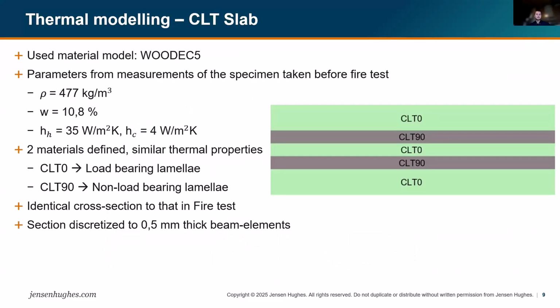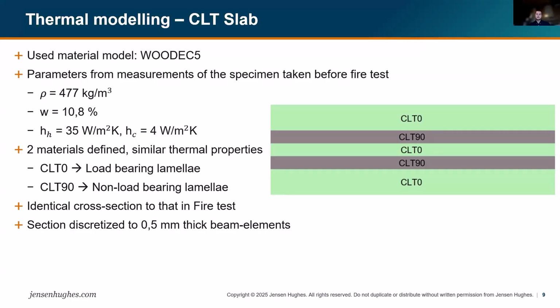About the thermal modeling of the CLT slab, the material model wood EC5 was used, and the parameters for that were taken from the measurements of the specimen before the fire test. In the cross section, two materials were defined: CLT0, which are the load-bearing lamellas, and CLT90, which are the non-load-bearing lamellas.